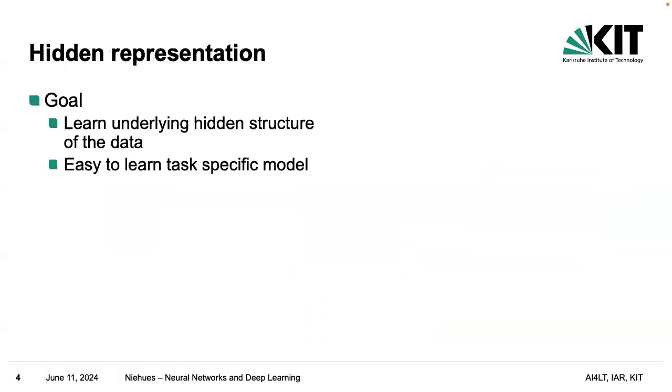So the first question there is, what is a good initial model? A good initial model should somehow learn the hidden structure in your data, so that it's easy to extract things and learn the right things.